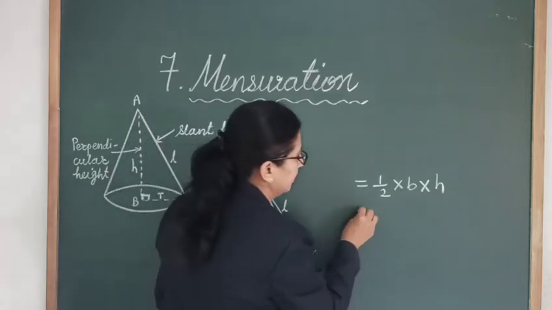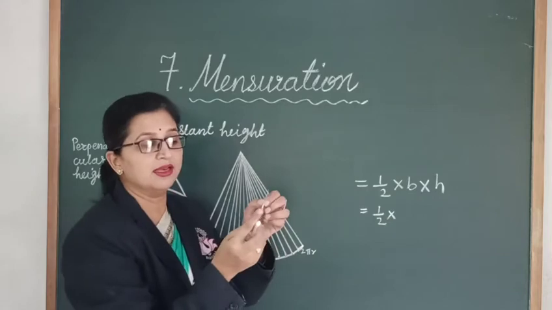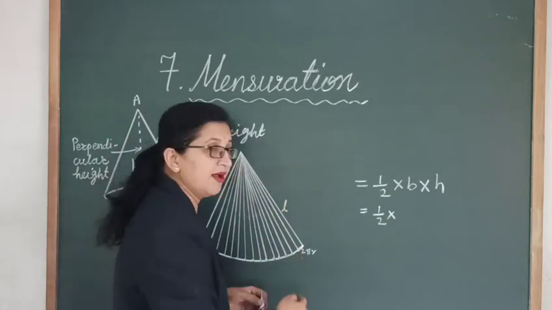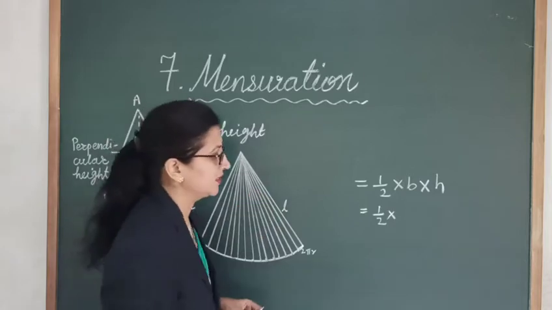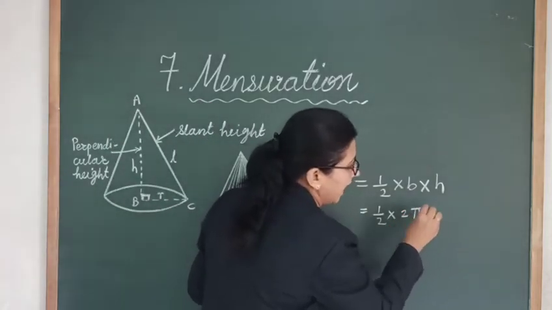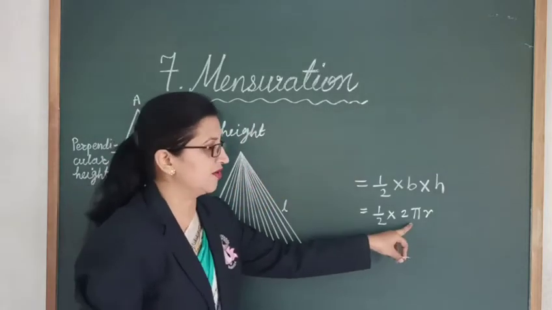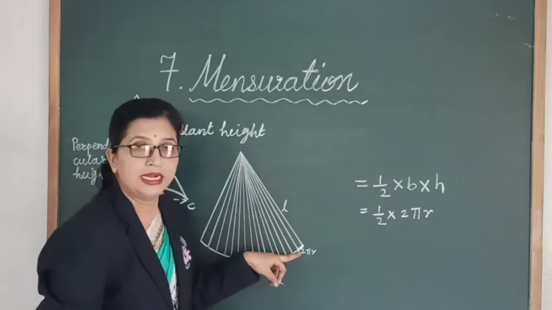So the base of this triangle is the circumference of a circle as we fold it, so we get 1/2 into 2 pi r.